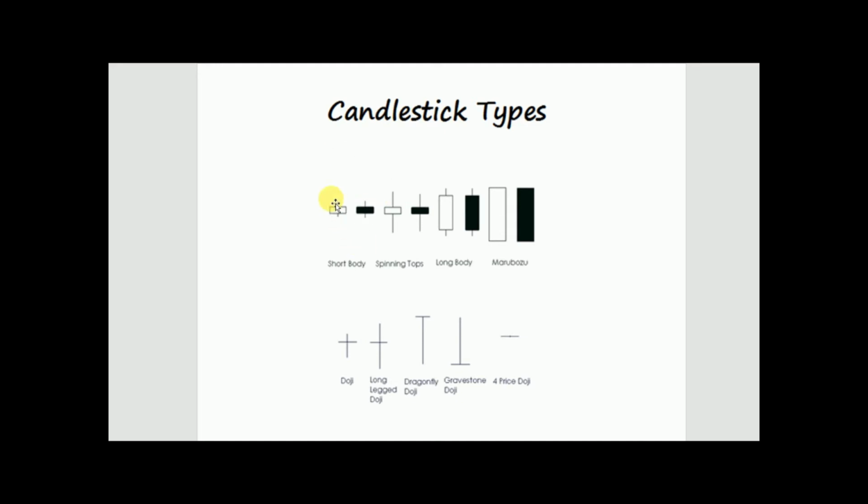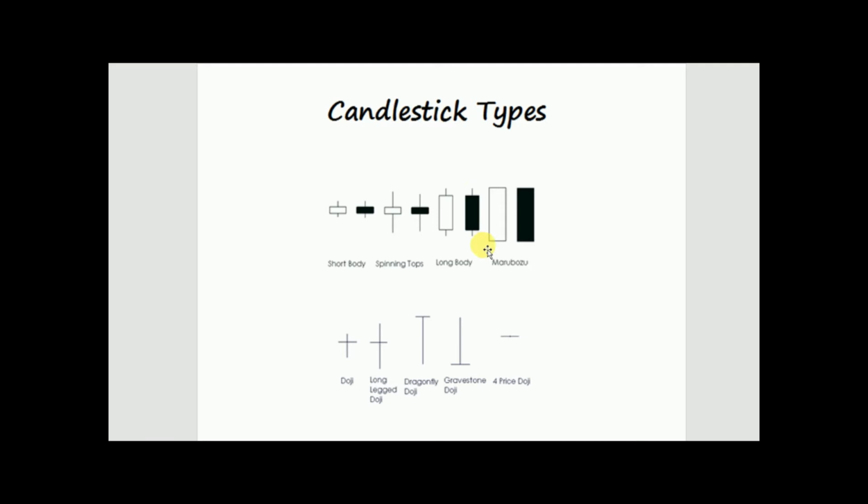We have short body. Usually this is a type of trading day wherein it's a thinly traded day. You know the open and the close are almost not far apart. We have here called spinning tops, look like tops, right? We have a long body, so usually if it's a green or a white candle, this is a nice day where it opens here and then closes all the way up, right?